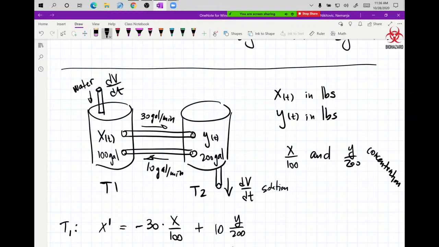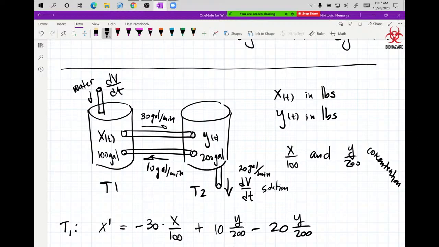I forgot about that. You have the clean water coming in. That's not going to add to the salt we already have. But we do have on the outflow, on the exhaust here, the salt leaving the system, the one that is mixed in with the water. So we also have another loss. And this one over here is 20 gallons per minute, and that's going to be 20 of the concentration y over 200 due to exhaust.